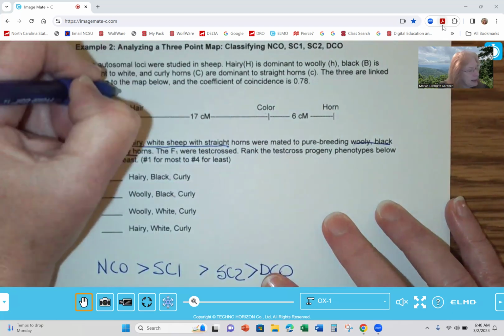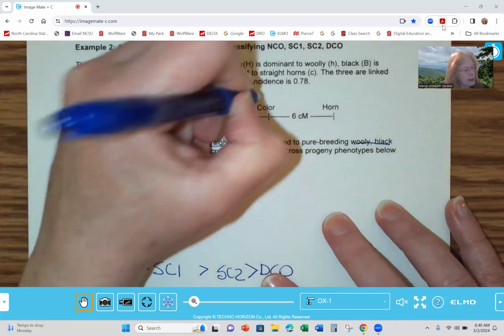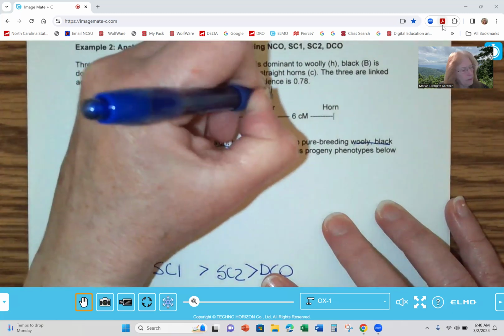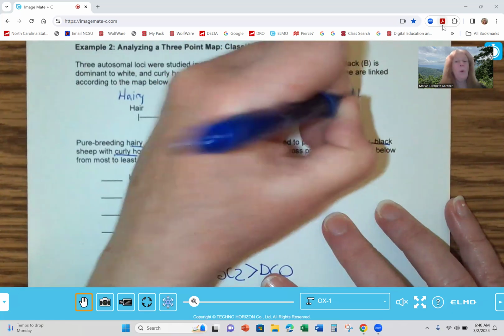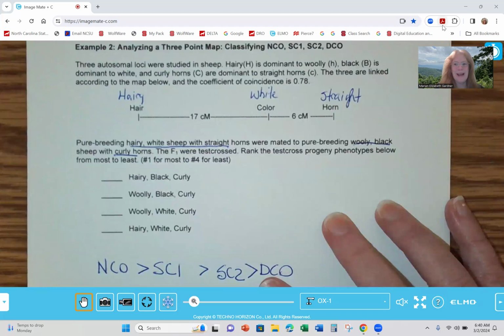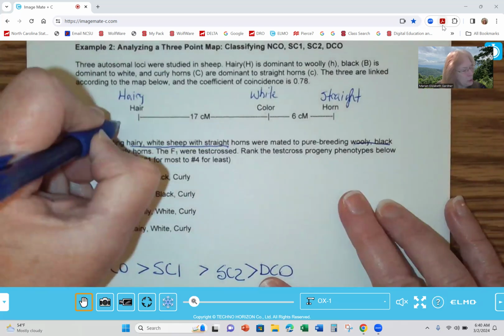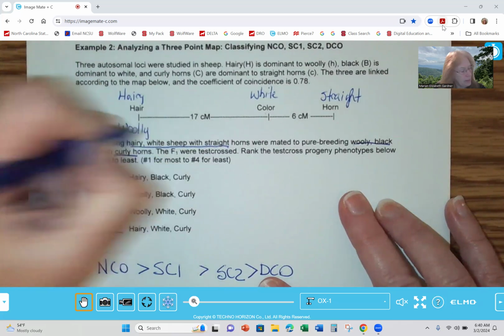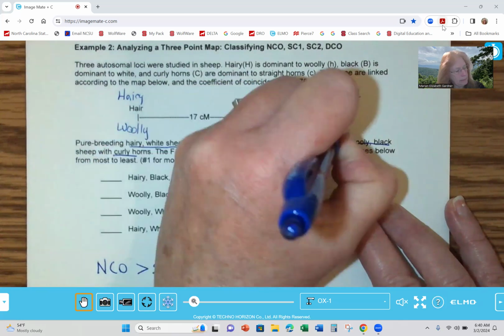So let's see, I've got hairy, white and straight. It does not matter which pure breeding type we put on top and which pure breeding type we put on the bottom. Mated to woolly, black, and curly.